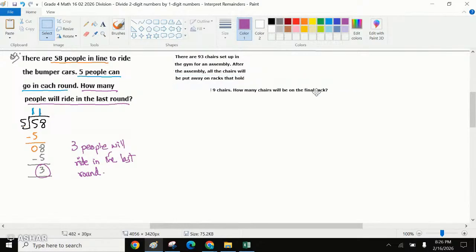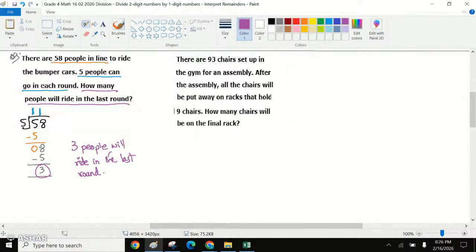Okay, this is question number 10, and they're telling us that there are 93 chairs. Once the assembly is done, the chairs have to be put back on the rack, the rack that holds 9 chairs, right?